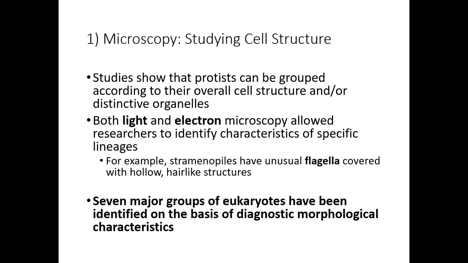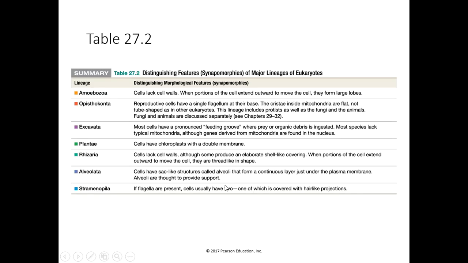For example, Stramenopiles have unusual flagella covered with hollow hair-like structures. That would be a distinguishing feature you wouldn't see under the light microscope, but you'd see under the electron microscope. Seven major groups of eukaryotes have been identified on the basis of diagnostic morphological characteristics.